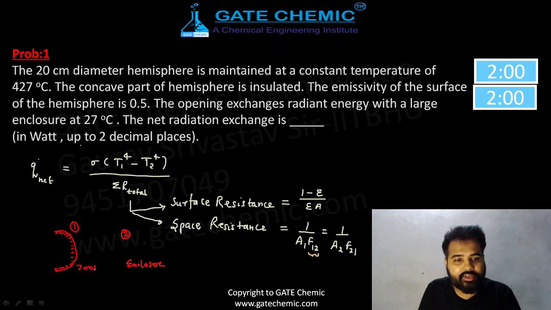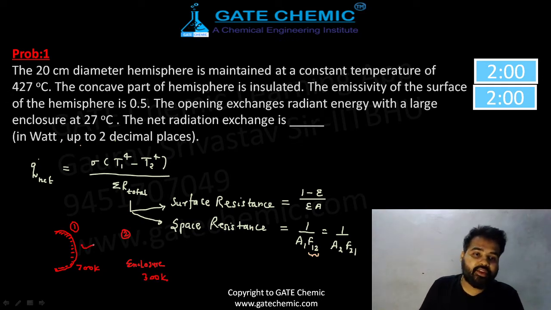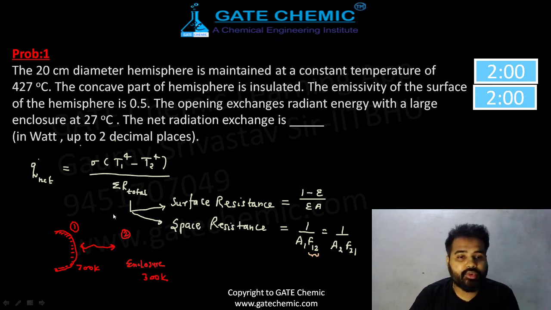This surface is at 700 Kelvin, and 27 degrees Celsius means 300 Kelvin. Enclosure is at 300 Kelvin, and these are exchanging heat. Okay, so I hope now you all will give me the correct answer.